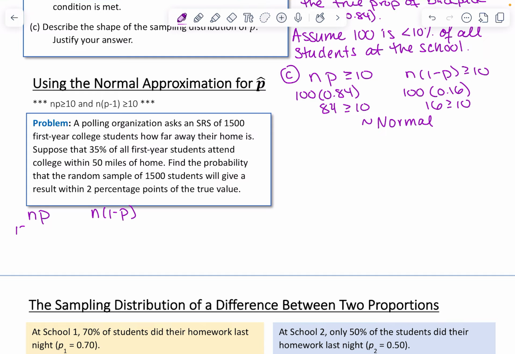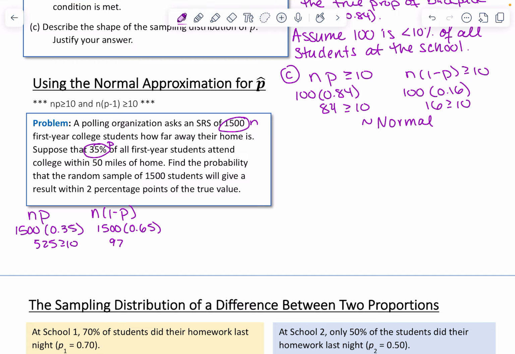So my sample is 1,500. My probability is 0.35. All right, and then my sample size again, 1,500, and then 1 minus 0.35, 0.65. All right, so 1,500 times 0.35, we get 525. That's bigger than 10.